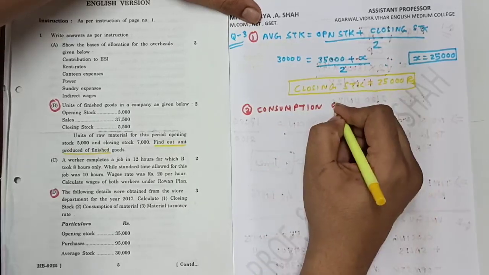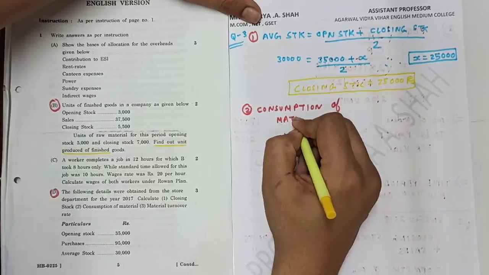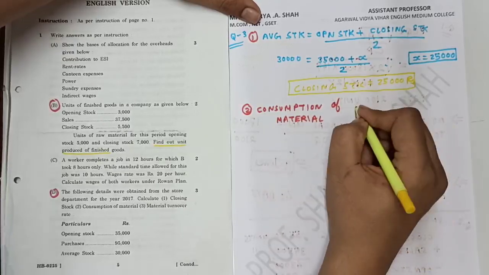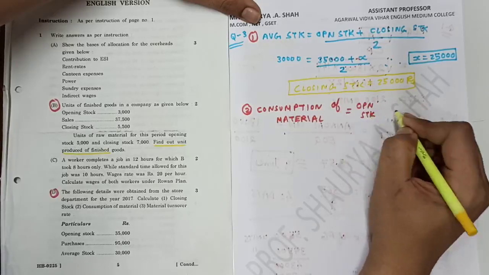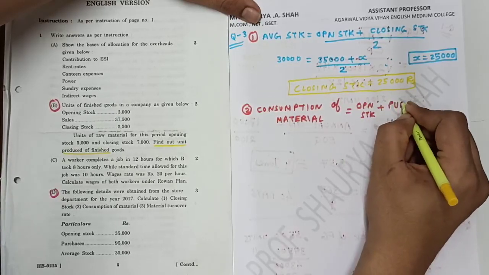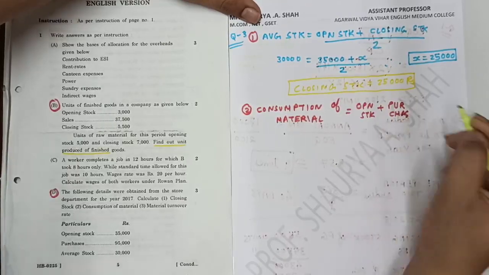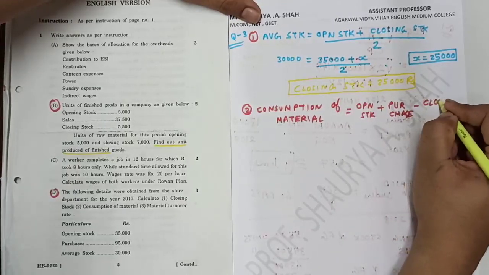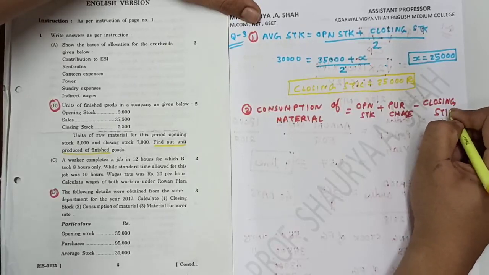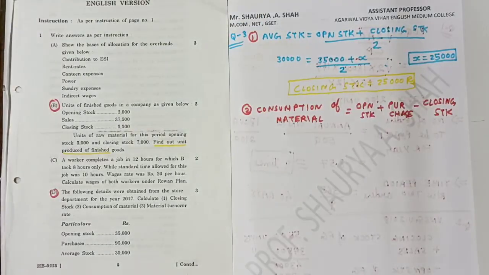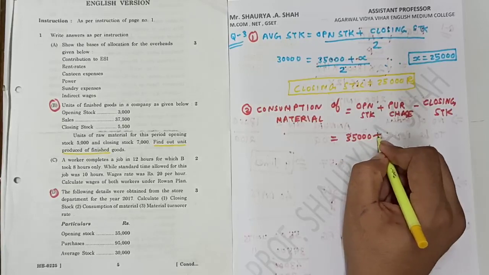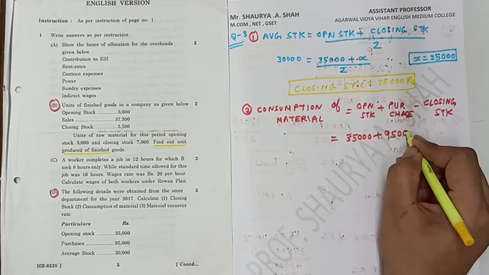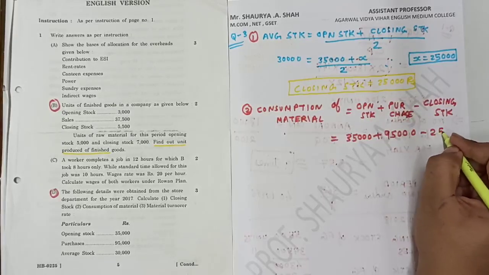Consumption of material is equal to, remember the formula, opening stock plus purchases less closing stock. In this sum you now have all the information, students.